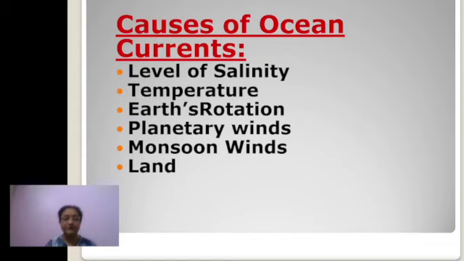What is it now? That part of the ocean current is called a drift. And this is happening in the North Atlantic region, so it is called the North Atlantic Drift. One big reason behind its formation is the planetary wind, that is, the westerlies. Westerly winds blow in this area.